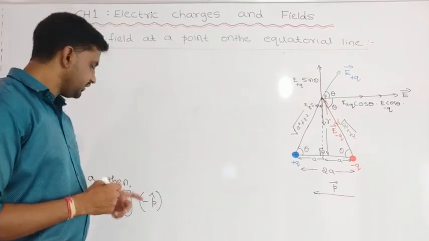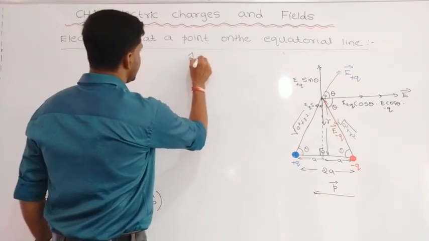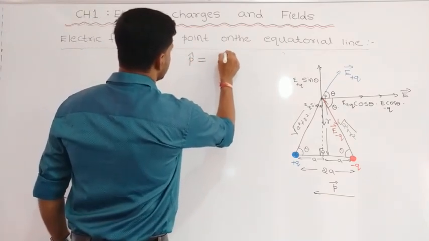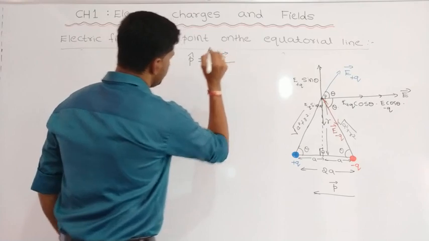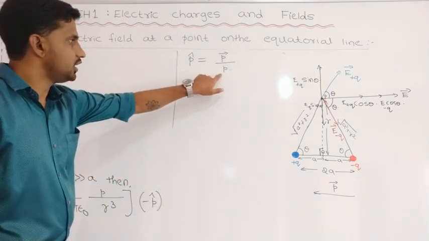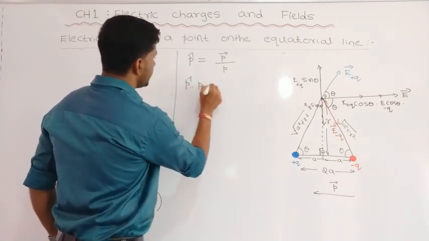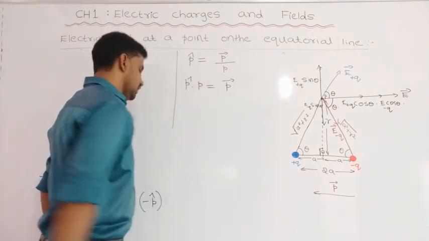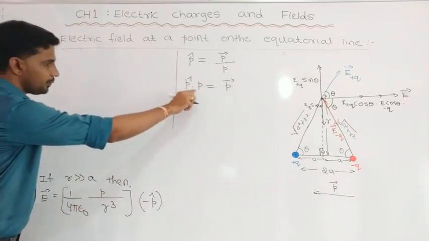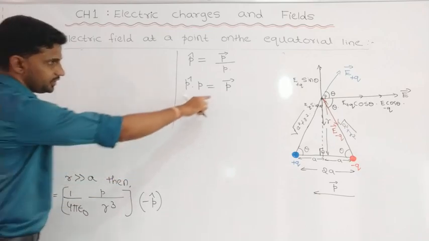But the unit vector, that is P cap, we can write as P vector divided by magnitude of P. Right, P vector divided by magnitude of P. Then if I take P here, P cap into P I can write as P vector.